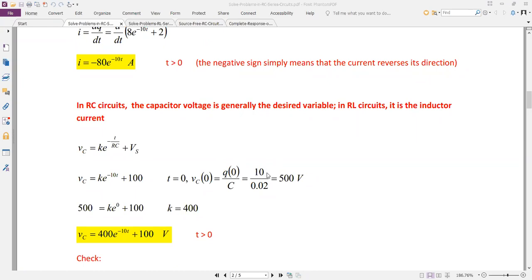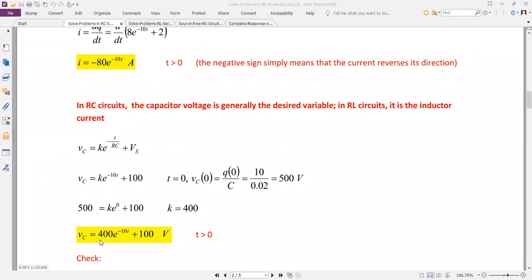So initially, the capacitor has a charge of 10 coulombs. If you divide that by 0.02, then your initial voltage in your capacitor is 500. So initial means that's time equal to 0. The purpose is just for us to know the K.